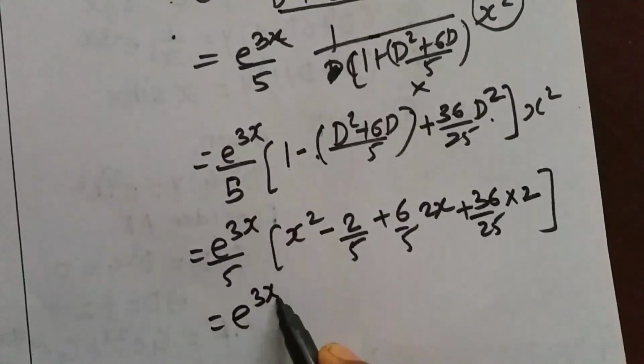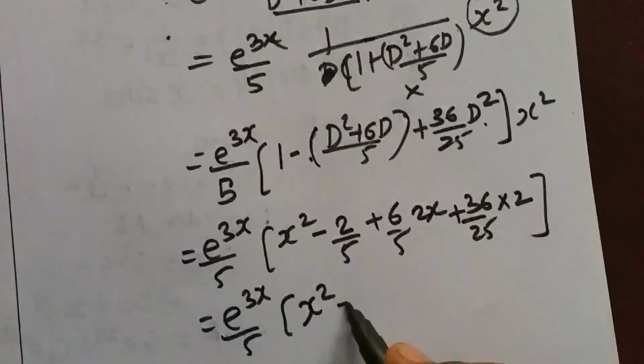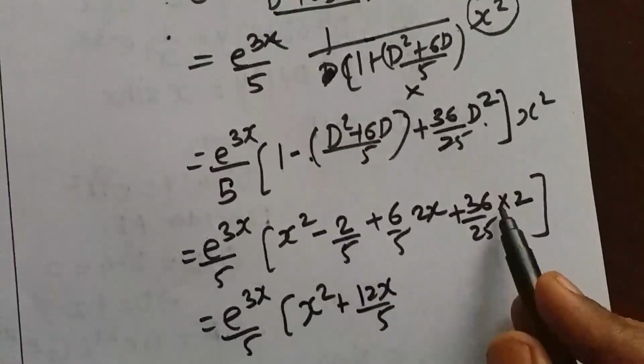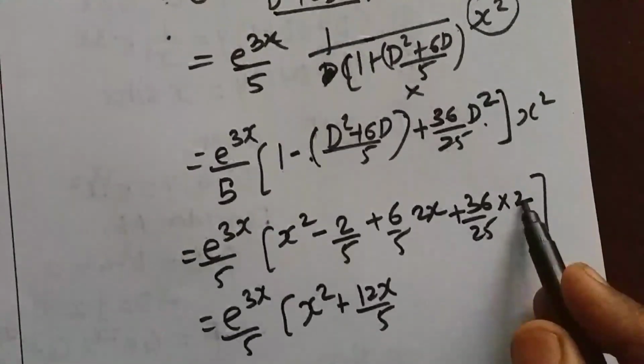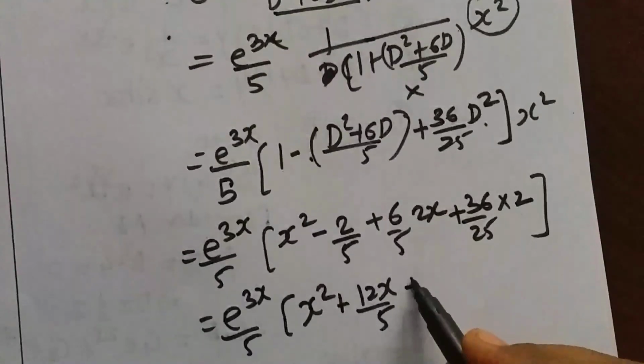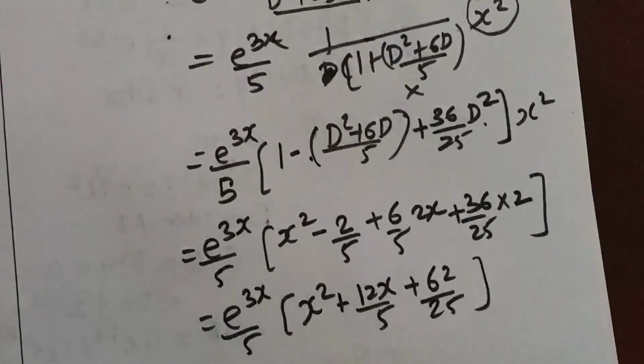So after simplifying, this will be equal to x square, 6 into 2, 12x by 5, then 36 into 2, 72, 72 minus 10, 62 by 25. So this will be your final particular integral.